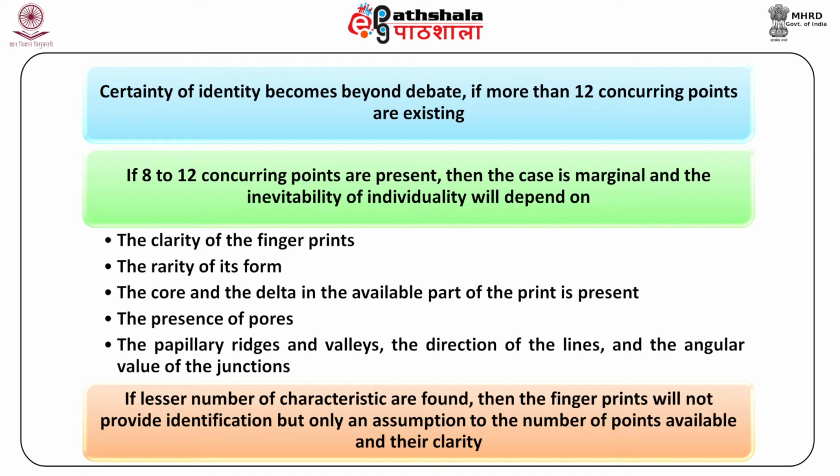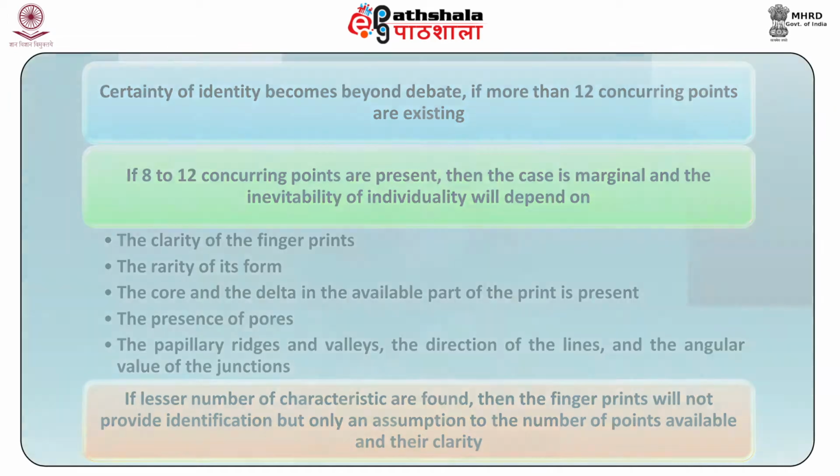If a lesser number of characteristics are found, then the fingerprint will not provide identification but only an assumption, depending on the number of points available and their clarity.